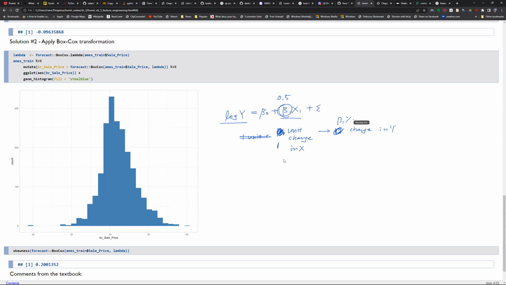Right, correct, that's how this is interpreted. For example, 0.5 means a 1 unit change in x causes a 0.5% change in y. So in the case of the log transformation, it is very straightforward. Yes, straightforward interpretation.